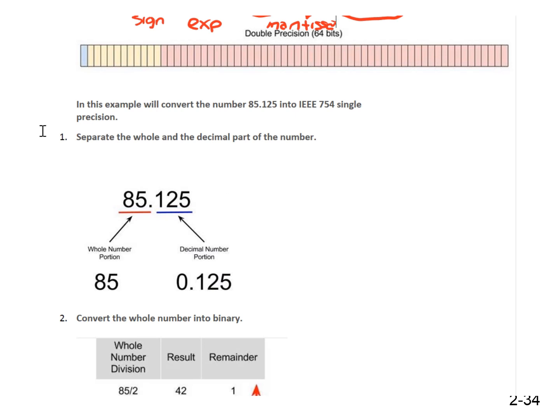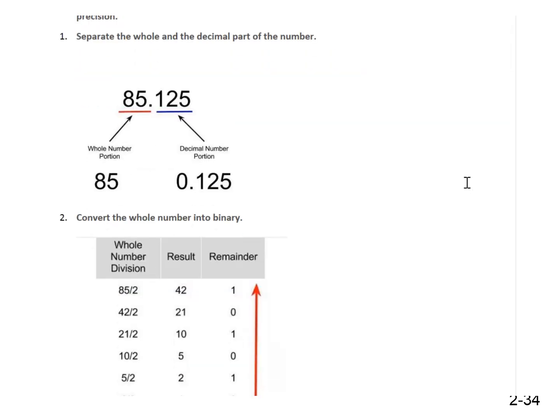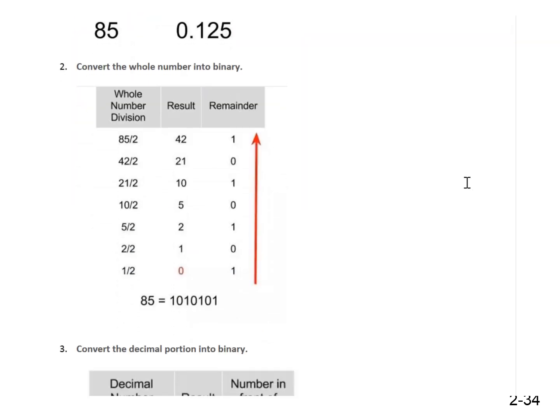First thing we do, first part in the process, separate the whole and the decimal part of the number. And we'll start with the whole number and convert 85 into binary. Okay? So you simply start dividing by 2. 85 divided by 2 is 42, remainder 1.